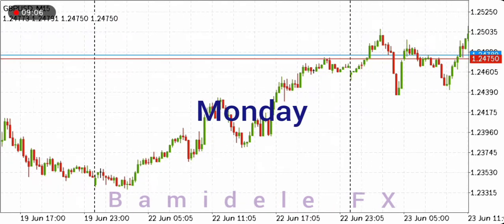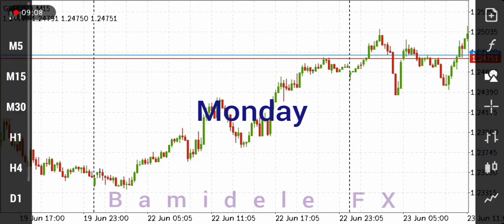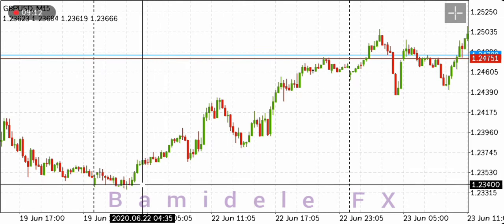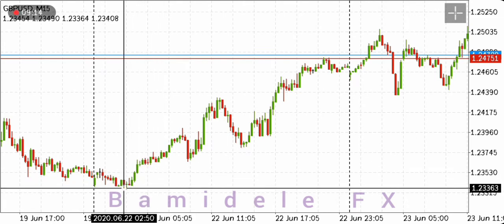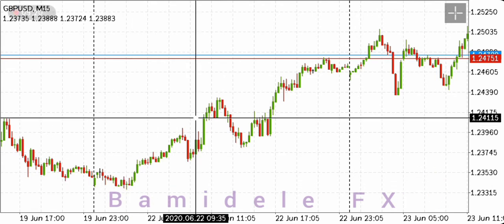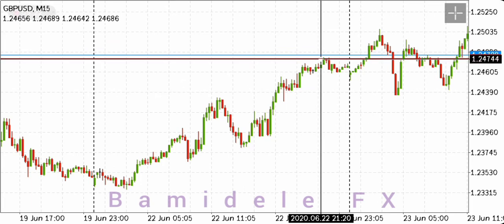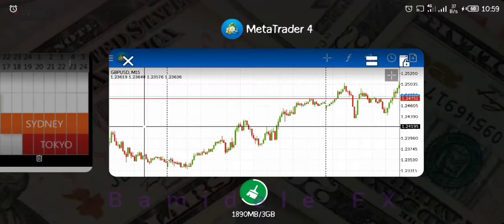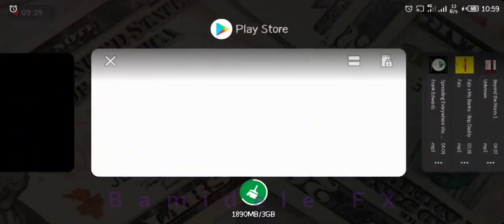So this is a Monday, so we're gonna get this. The lowest of the market here, the price reading was 1.23363, and the highest is what, 1.24744. Now let's put this down in our calculator.